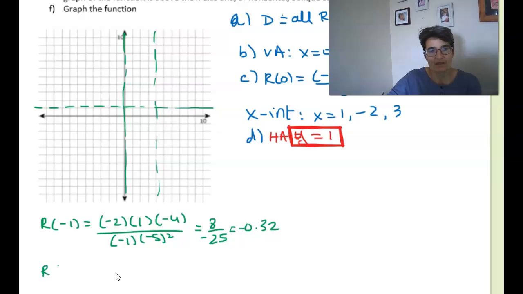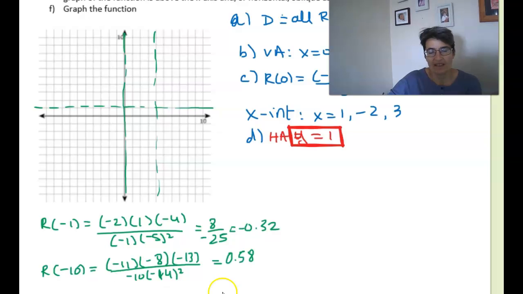Okay, let's do r at -10. So we have -11, -8, -13 over -10 times -14 squared. Alright, I'm going to put it in the calculator, and I get 0.58. Okay, so it looks like here 0.58 is getting close to that y equals 1.